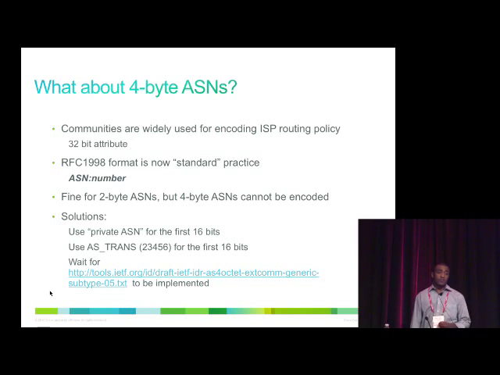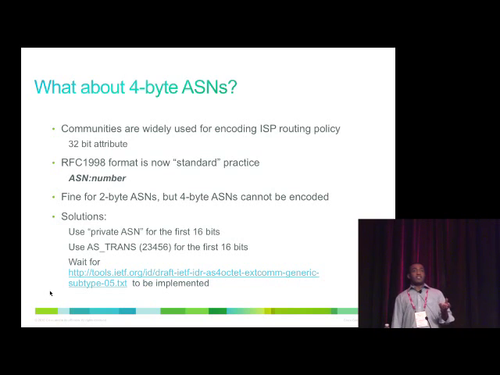Okay? So what about a 4-byte autonomous system number? RFC 1998 defines how the community is defined, which is a 2-octet ASN number and a community number. But when you have a 4-octet ASN, what do you do with it?